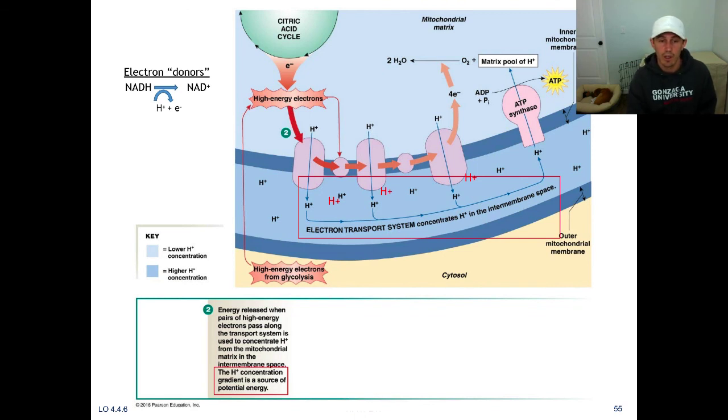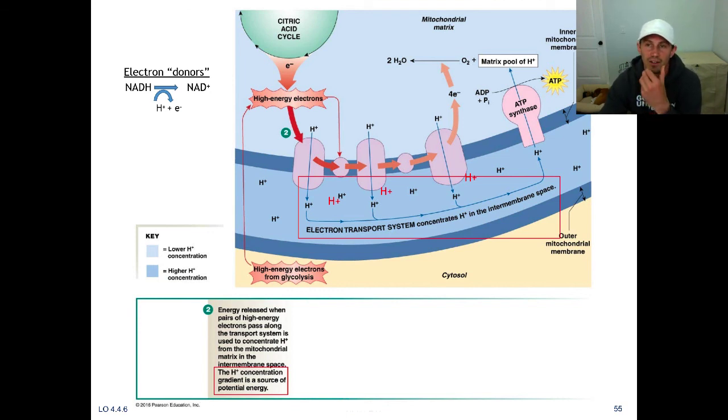This concentration gradient of hydrogen ions in the inner membrane space is a form of potential energy. We haven't discussed how gradients are forms of energy, but we will in an upcoming chapter. The point here is that these hydrogens are going to go from an area of high to low concentration across this molecule called ATP synthase. That should be ringing some alarm bells.